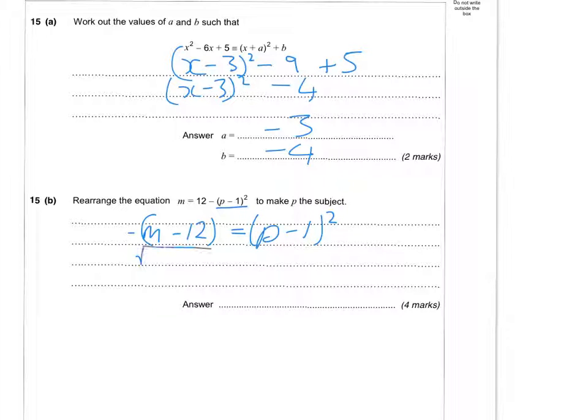So we get the square root of 12 minus m is equal to p minus 1. And then we get plus 1 both sides, so we get 1 plus or minus the square root of 12 minus m. Okay.